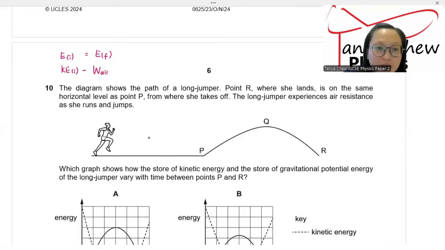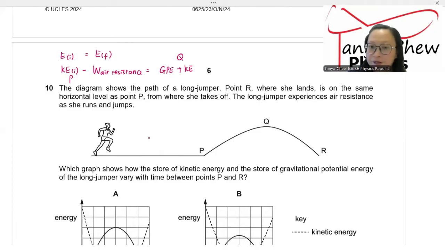Work done against air resistance then is equal to, at P to Q, gravitational potential energy plus kinetic energy at Q. This is Q, this is from P.